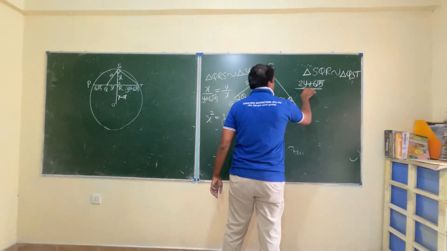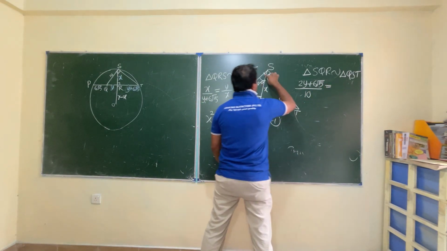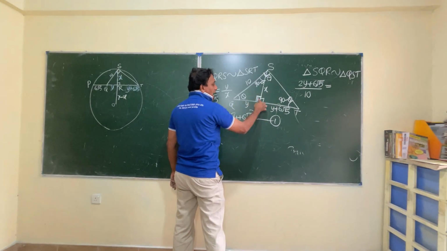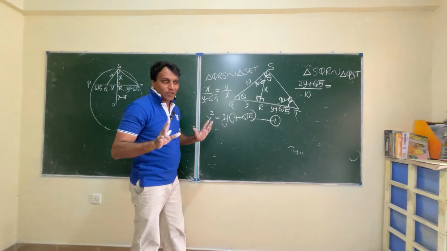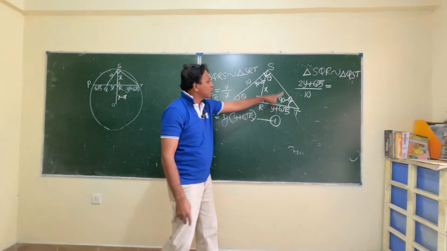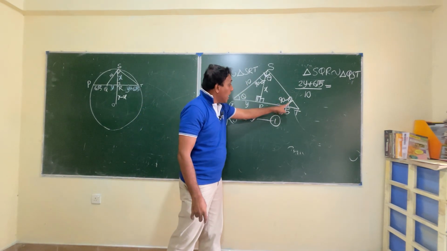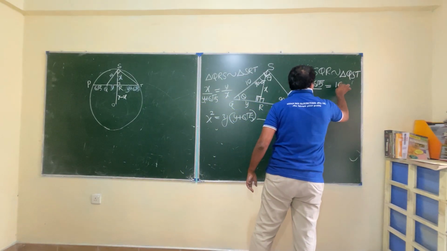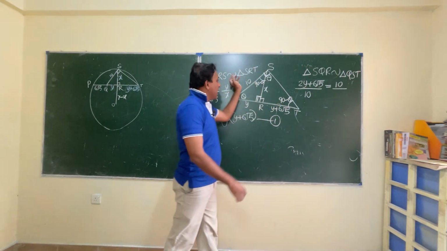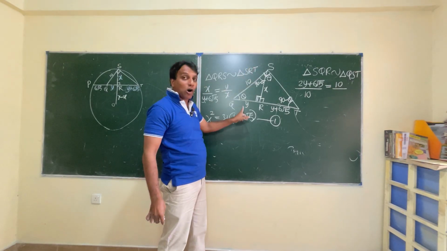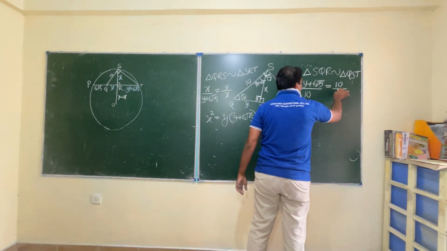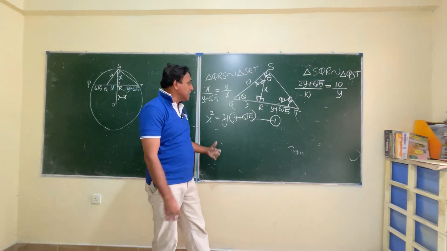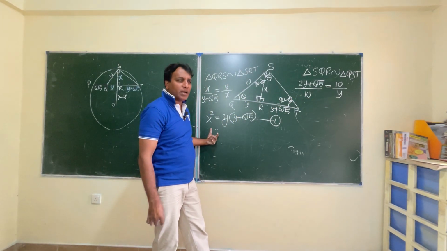Next, big triangle 90 minus theta opposite 10, over small triangle 90 minus theta opposite y, right? So find the y value. After finding y, we can find x.